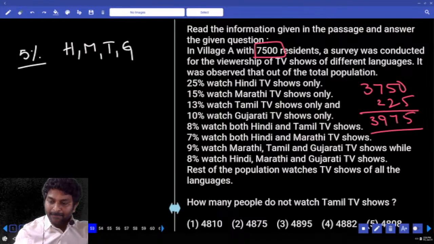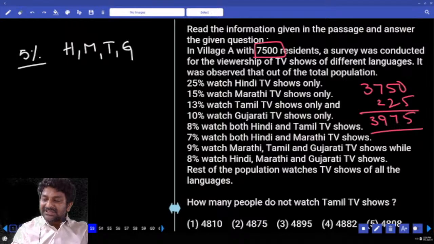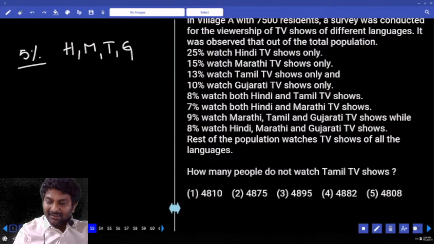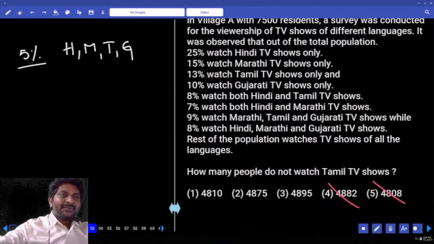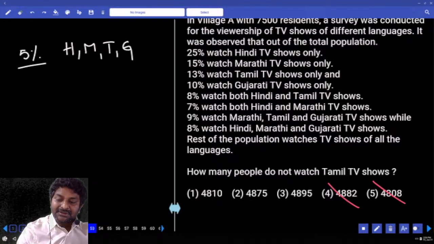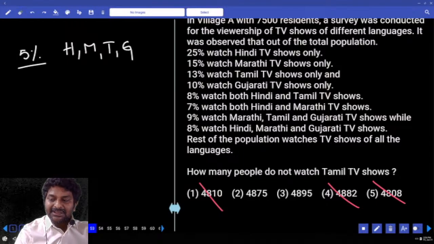Understood? How many people do not watch Tamil? Either way, the value is a 3 multiple and also a 5 multiple. Right. How many options can we eliminate? Straightforward 2 options by verifying the last digit. Can it be the first option? Can it be the second option? Yes. Can it be the third option? No. Second is final.